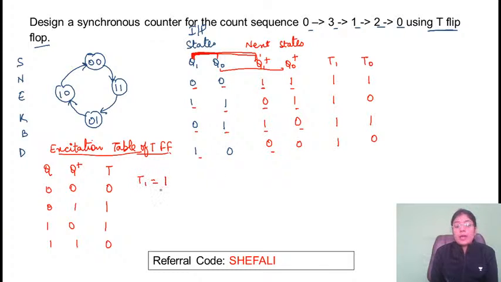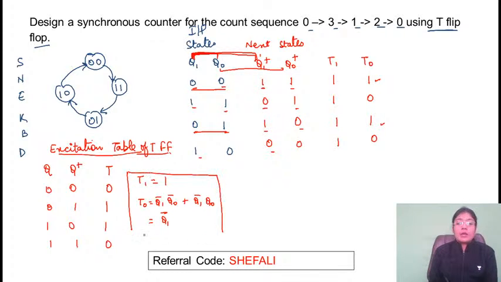T1 will be 1 and T0 will be, you are getting 1 here and 1 here. Consider the inputs for the first row and the third row. It will be Q1 complement Q0 complement plus Q1 complement Q0. This comes out to be Q1 complement. So we got the equations.